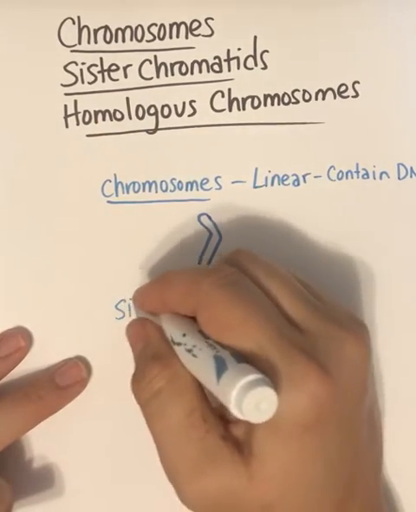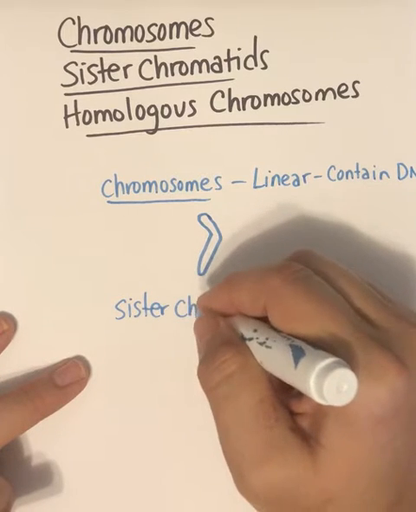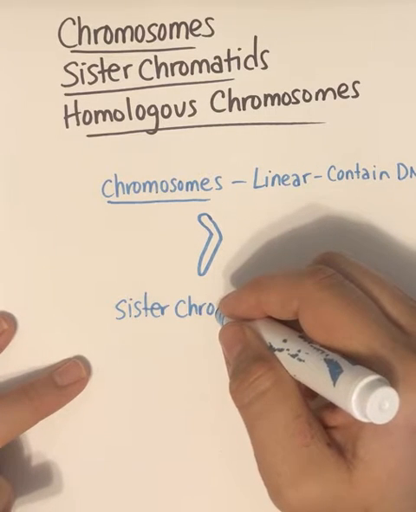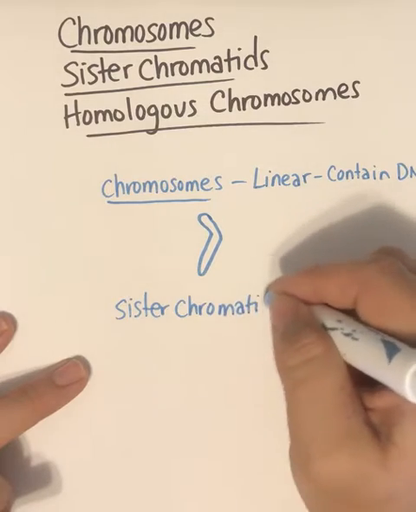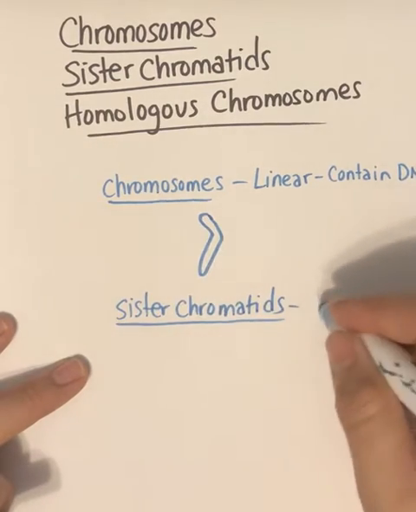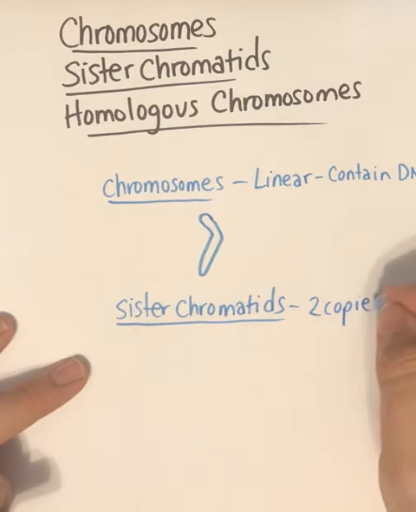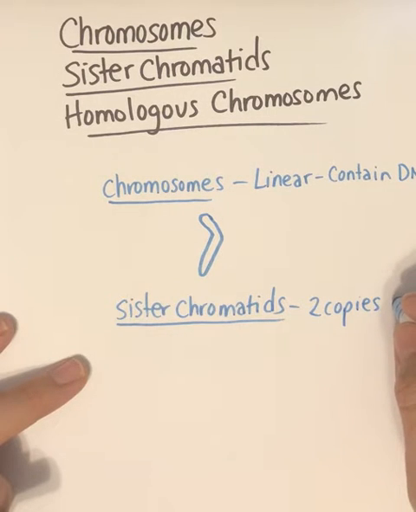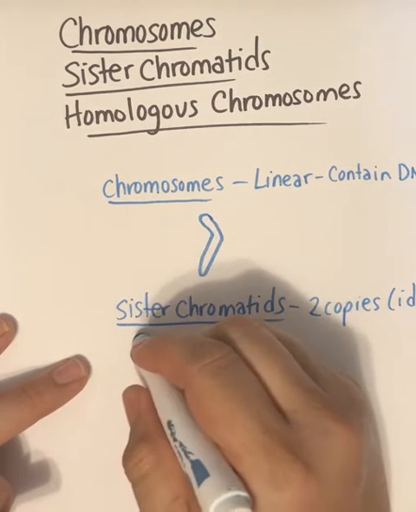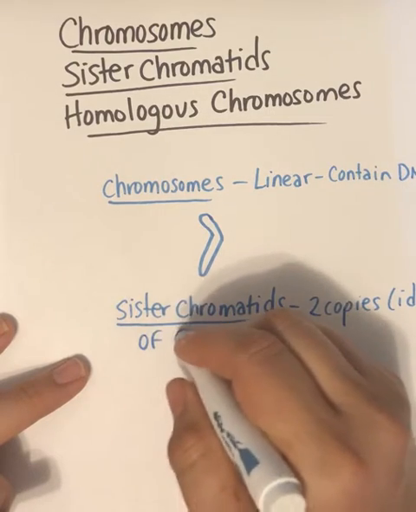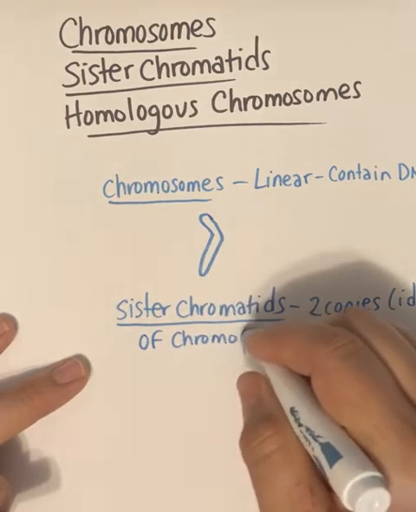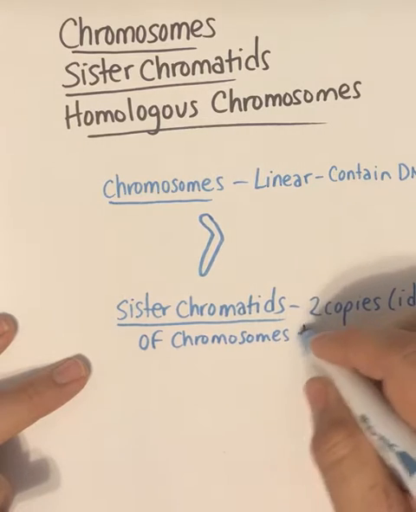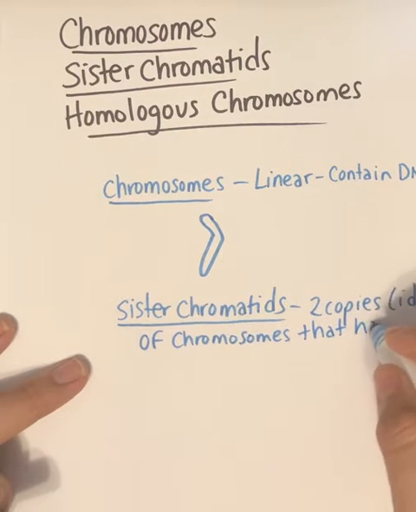So, sister chromatids are two copies. They have been replicated.